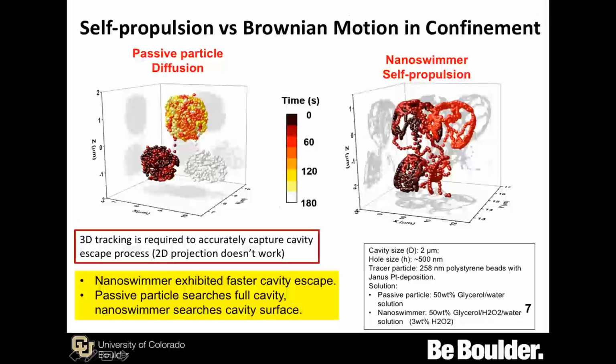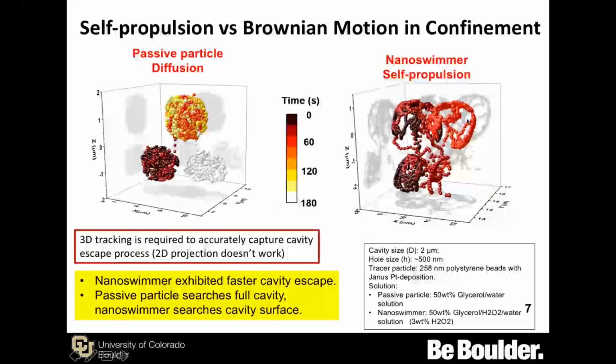However, for these Nanoswimmers, we can see that this movement is so different. If you look carefully, you can see that for this passive particle, the trajectory is more confined inside of these spheres, while the Nanoswimmers are more likely to move around the boundaries.